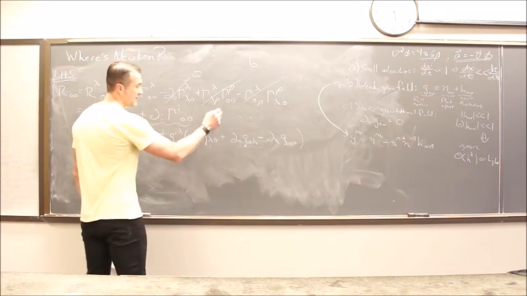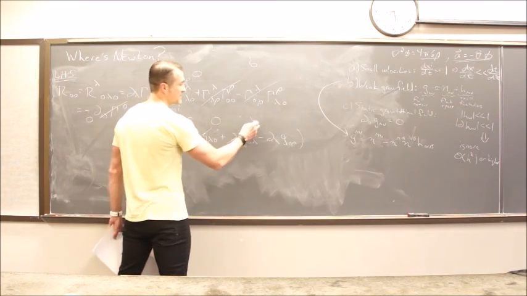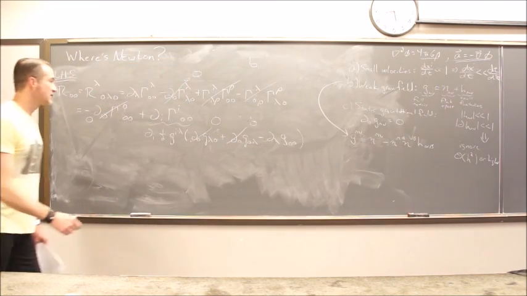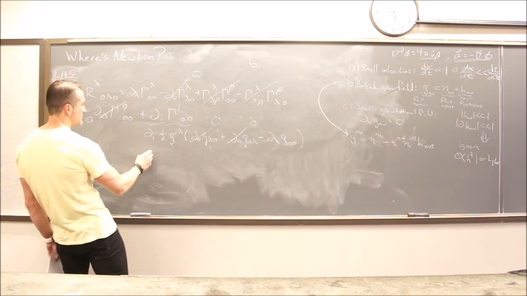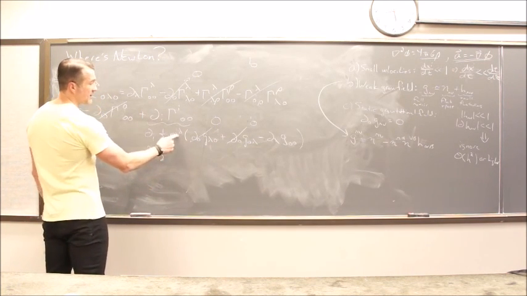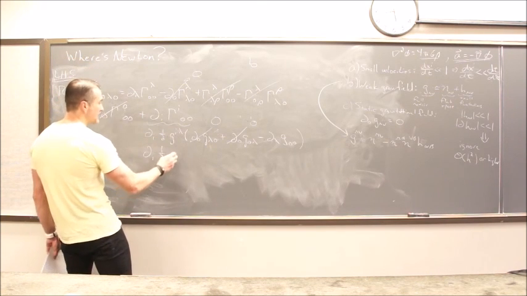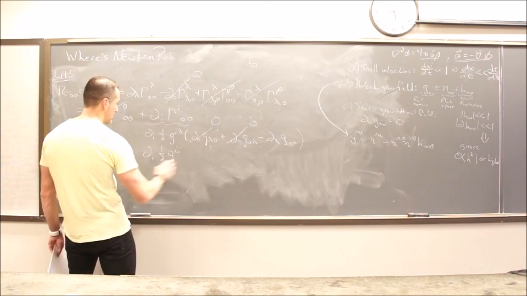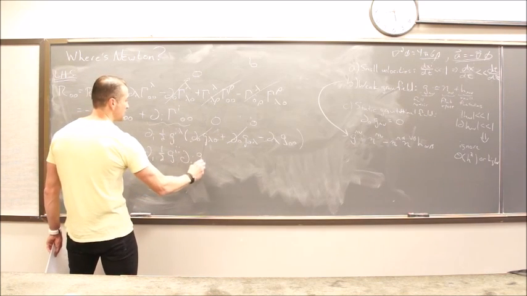We know this is 0 because nothing depends on time. This is 0 because nothing depends on time. So the only guy that survives is that one. This is only going to be non-zero when lambda is equal to i. So this is going to be g ii partial i g 0, 0.